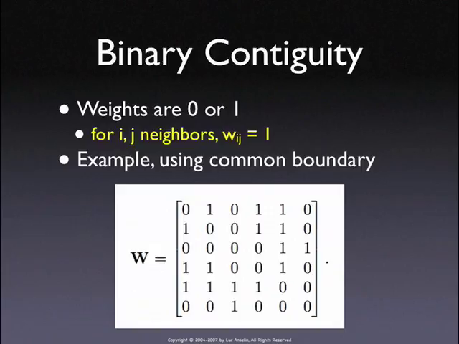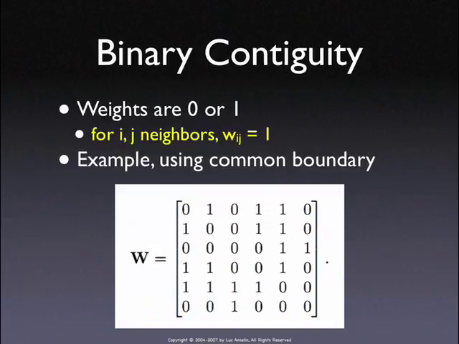So taking two contiguous entities, number 1 and number 2, number 1 and number 4, number 1 and number 5, those were the neighbors in our example.